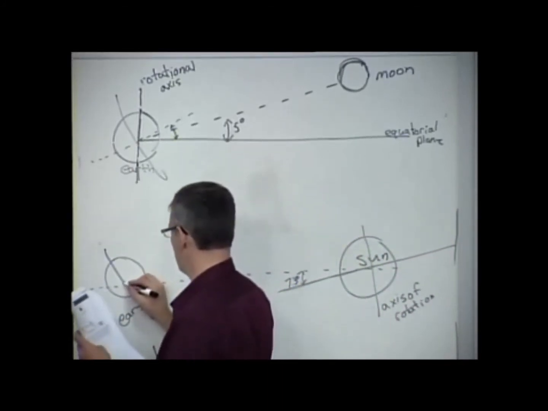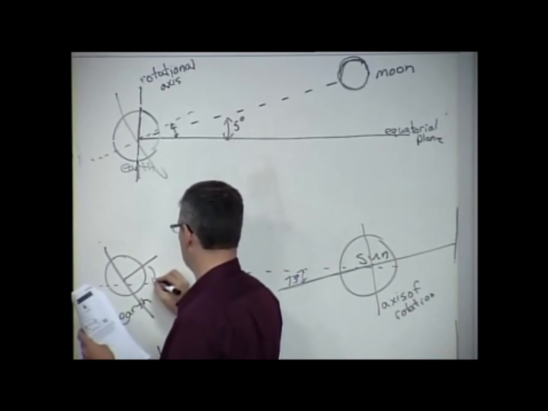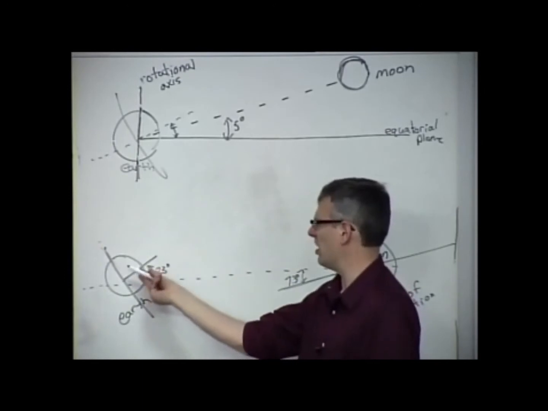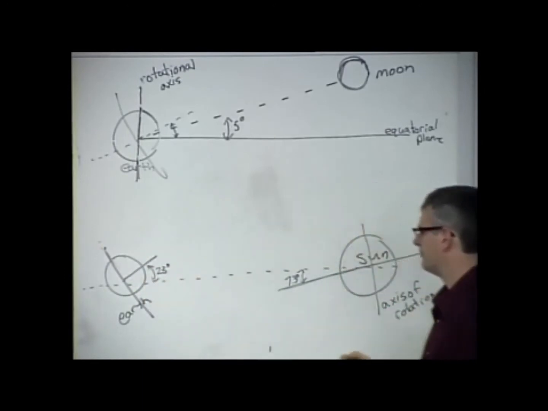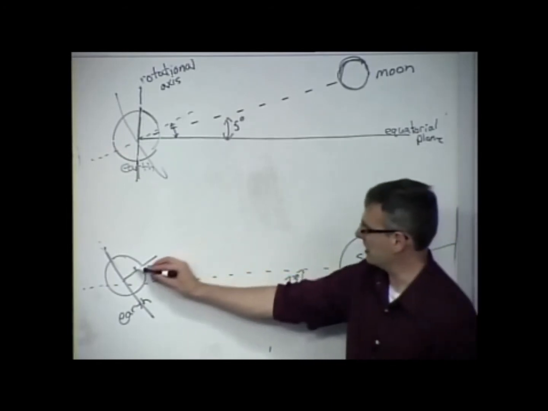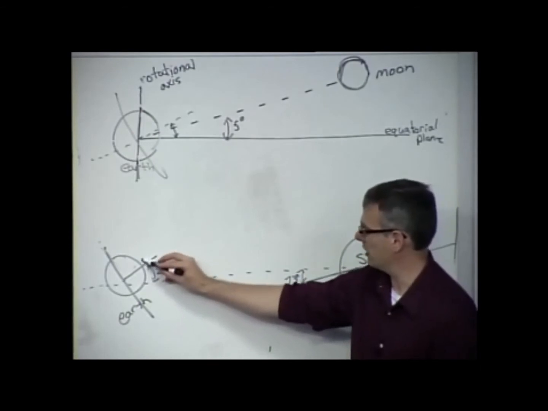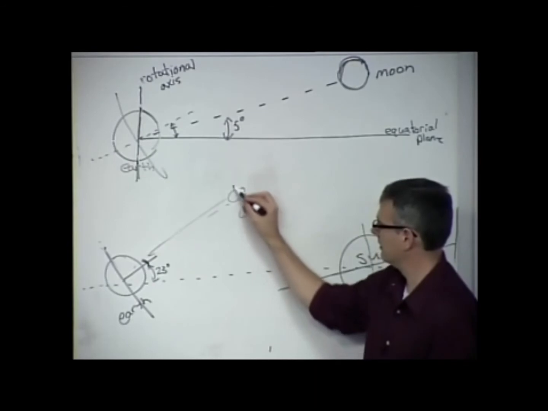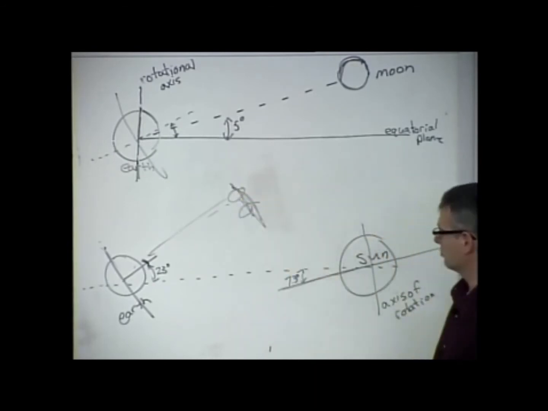And then the Earth itself, of course, has a tilt of 23 degrees. Its axis of rotation is actually 23 degrees off from its orbital plane with the sun. And of course, the moon is going to be plus or minus 5, depending on where it is in the system from that. So it's going to kind of wobble around.